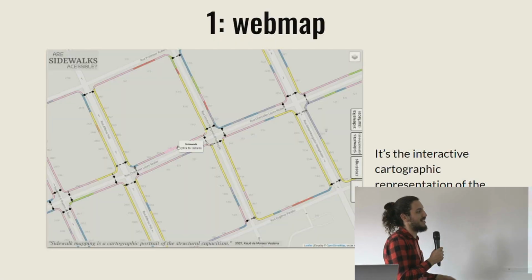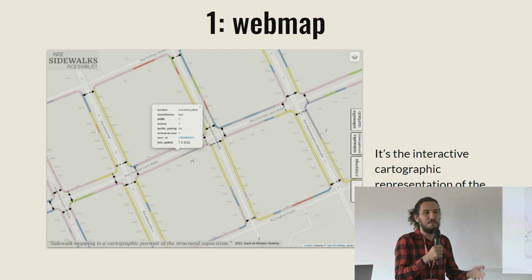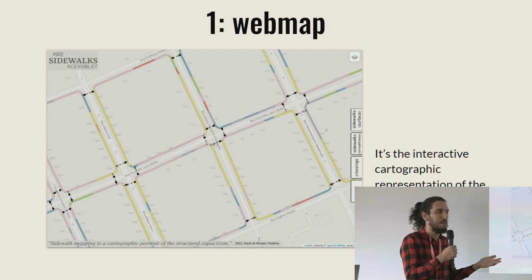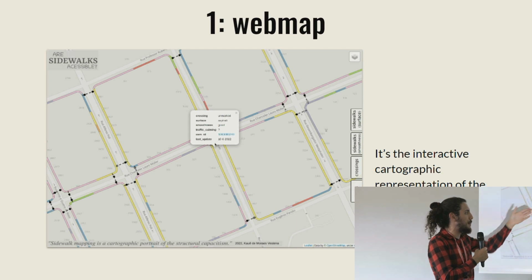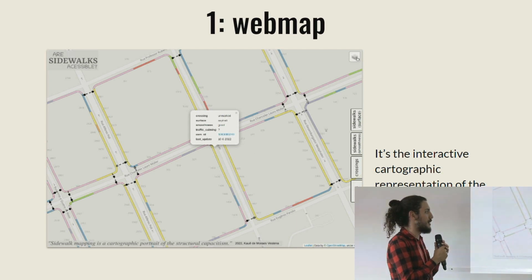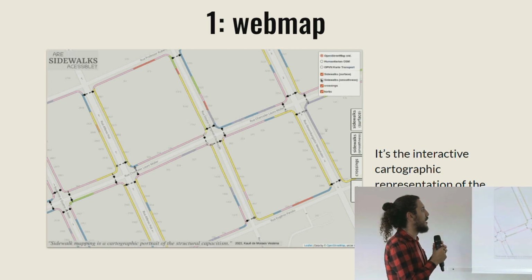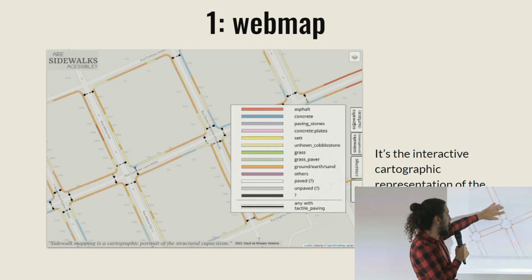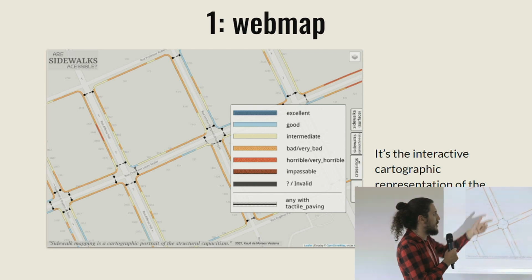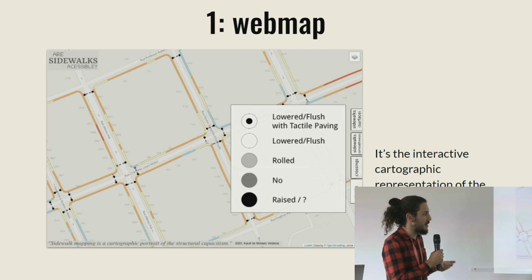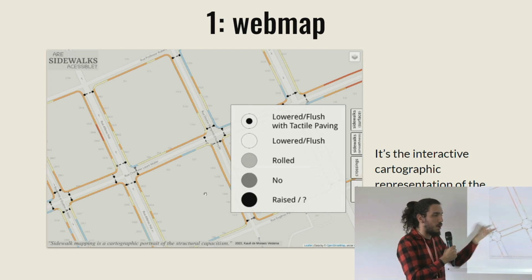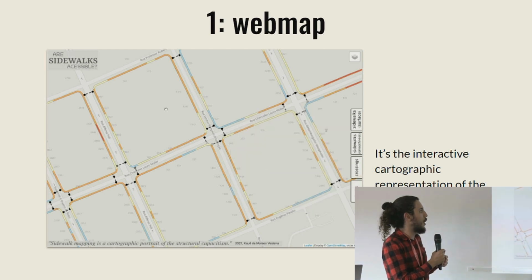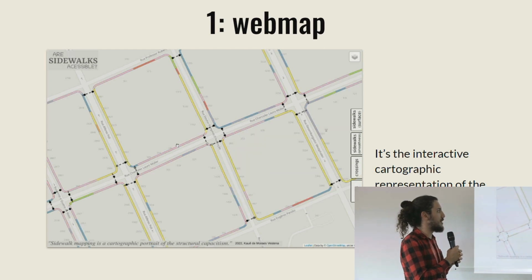The first one, which is kind of obvious, is an interactive web map with detailed mapping of the sidewalk network. For each stretch of sidewalk you can see what it's made of and what its condition is. You can see the types of crosswalks and also the type of the access points.